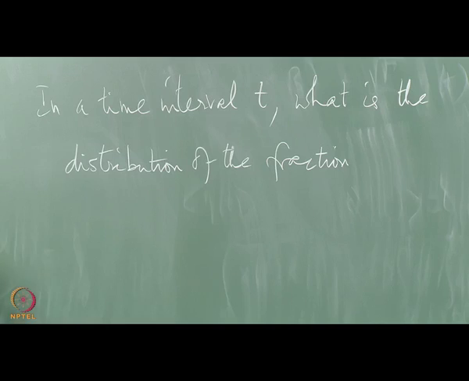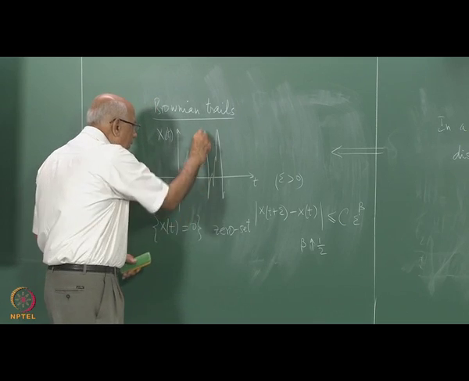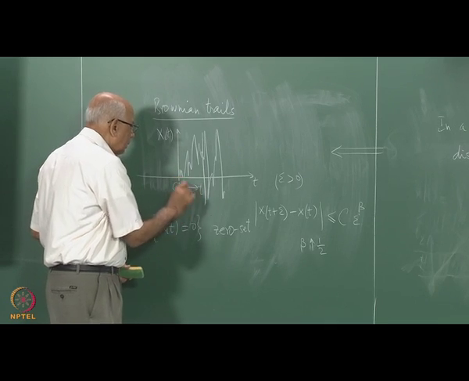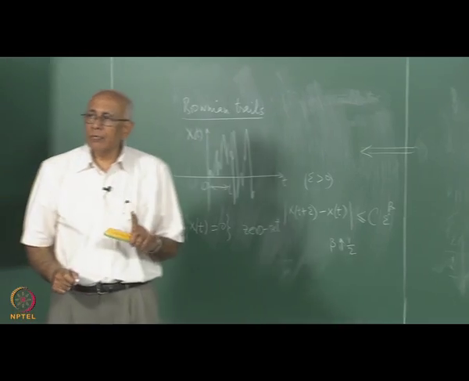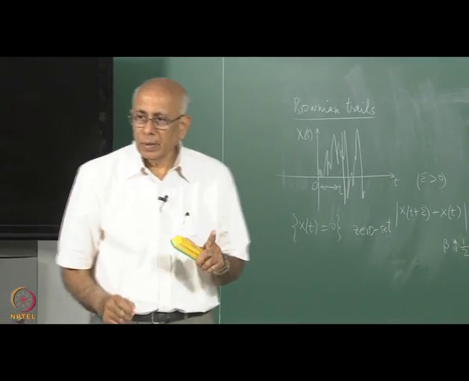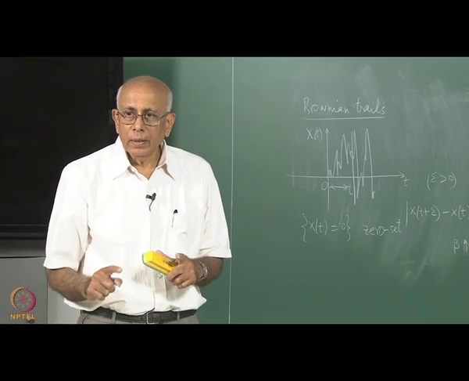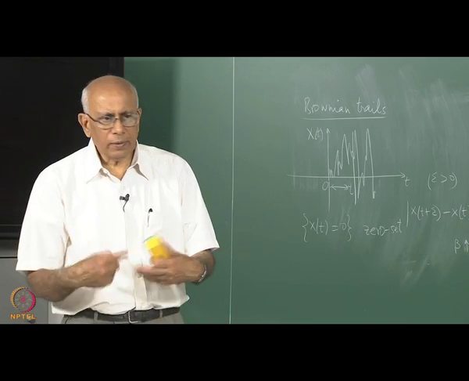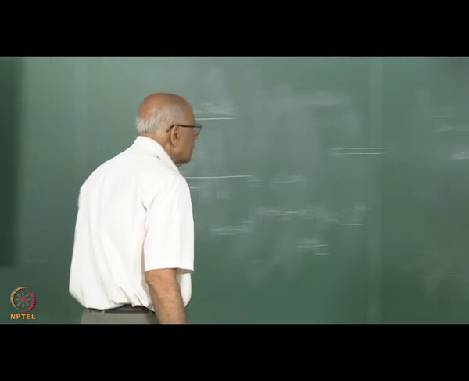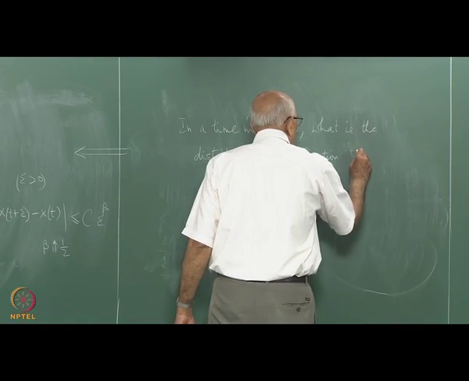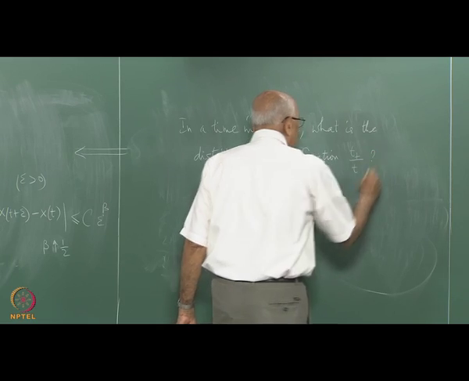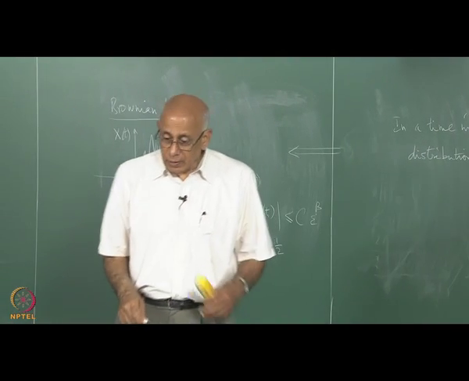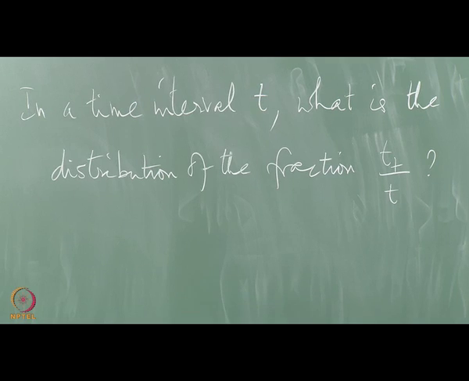Let us suppose that in a given time interval t here, and this is 0, we could ask for the fraction of the time, let us call that t plus over t, that it spends in the positive side without crossing 0, or negative side by symmetry. Now this fraction here has an interesting distribution.